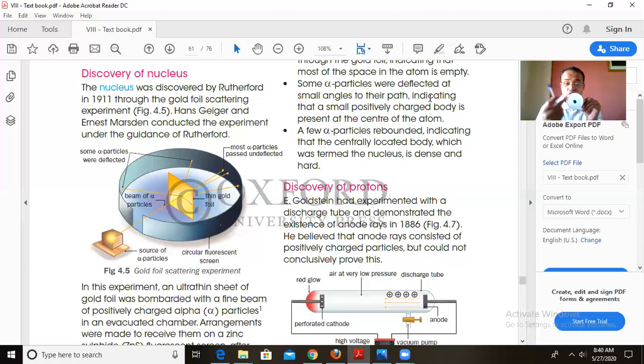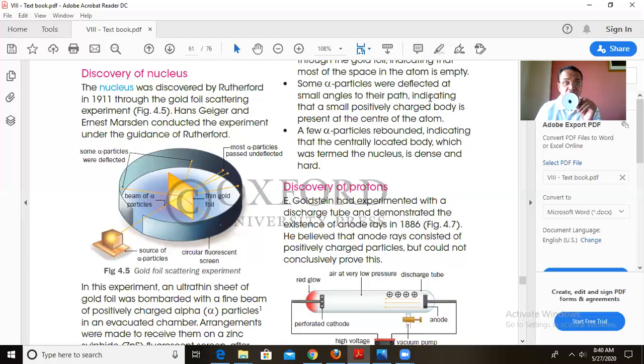Therefore they are rebounded, indicating that in the atom at the center there is a positively charged body called the nucleus.